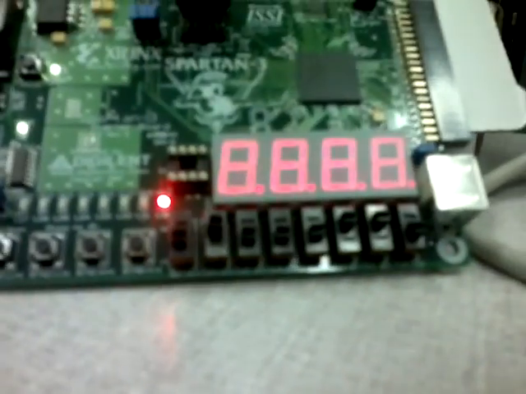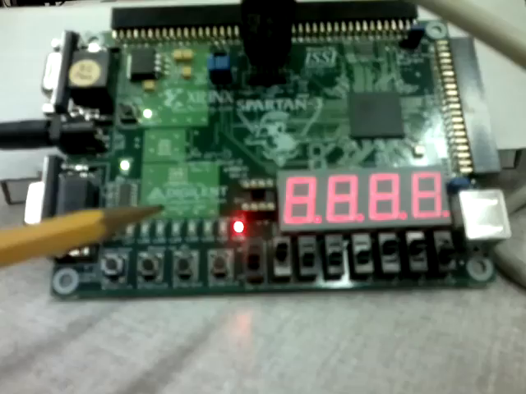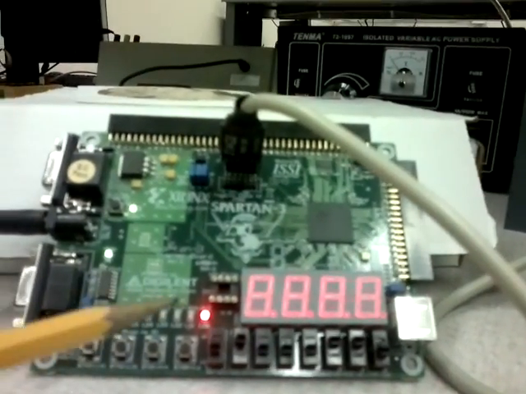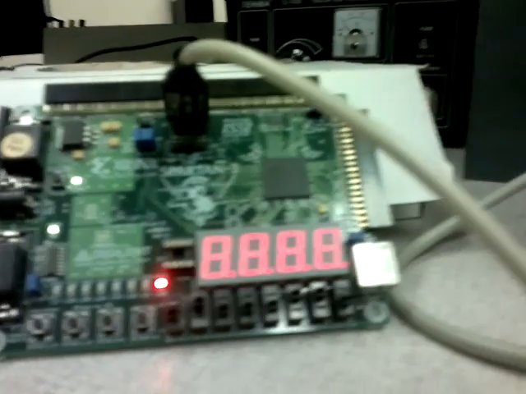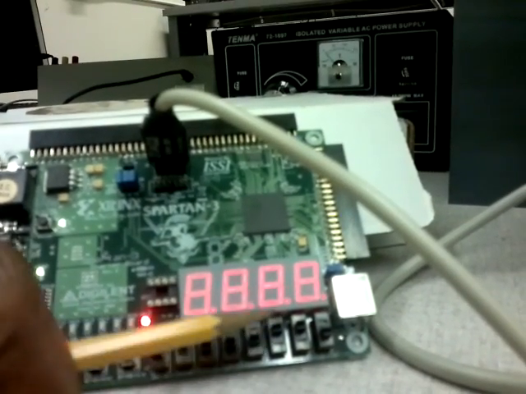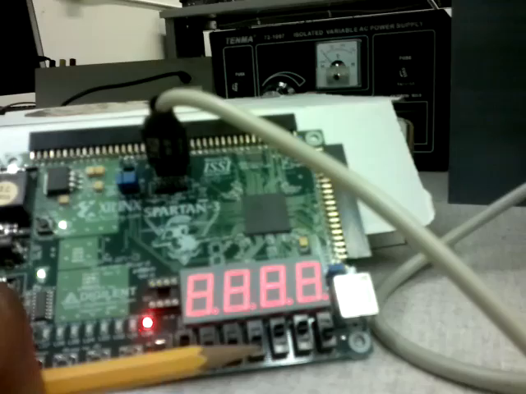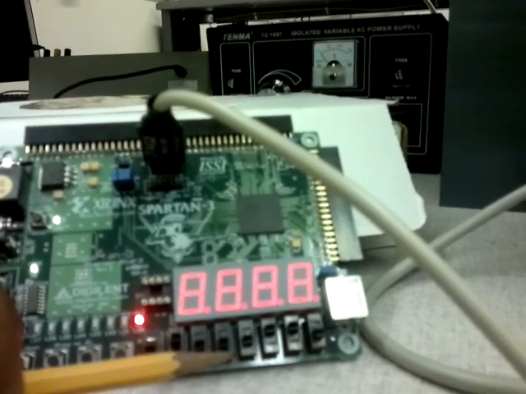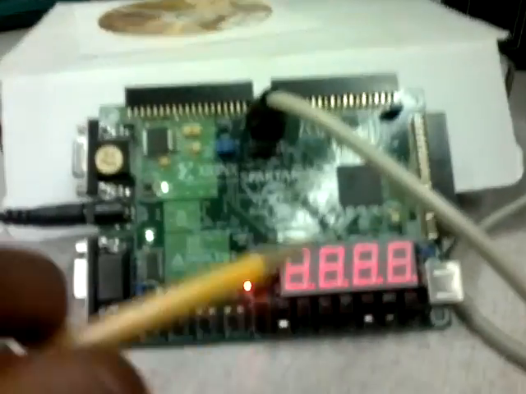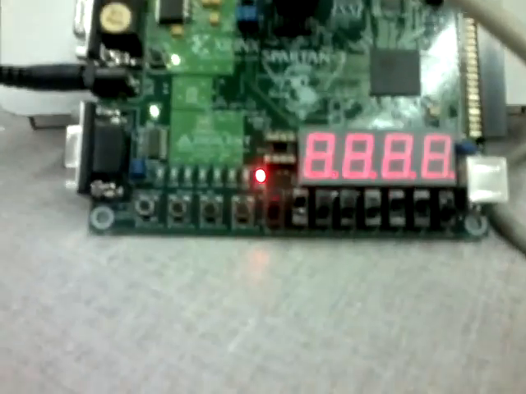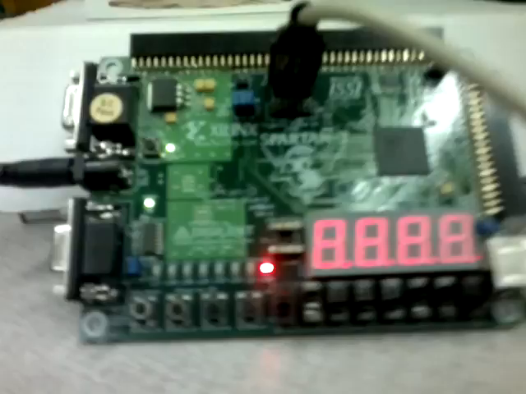Okay, next. The next state is State B, and this state has two important inputs.